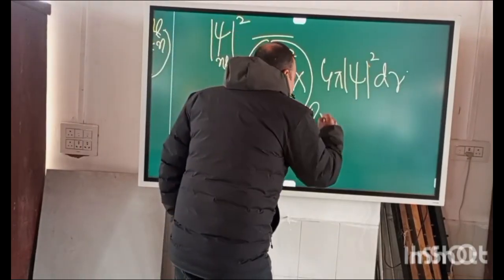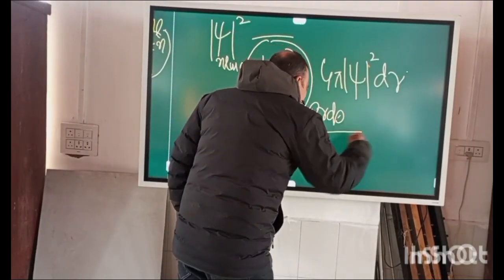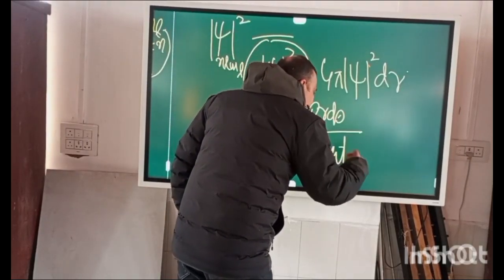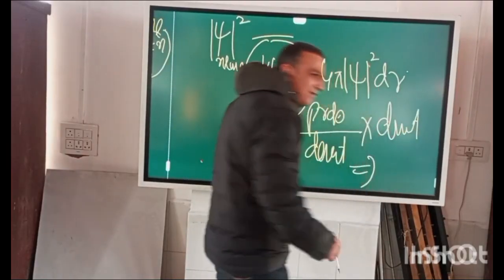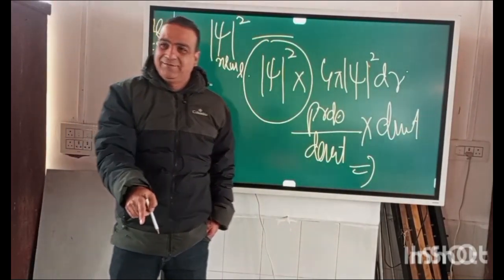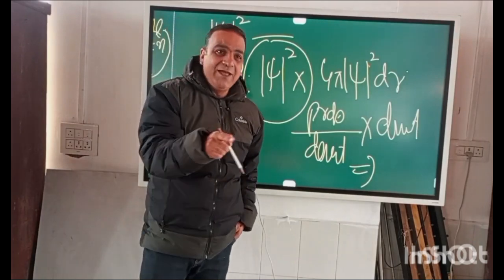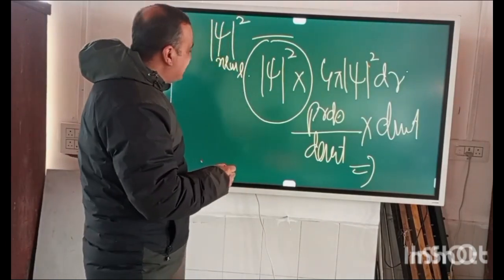So I can write it like this: probability divided by volume, multiplied by volume, will give me the probability.